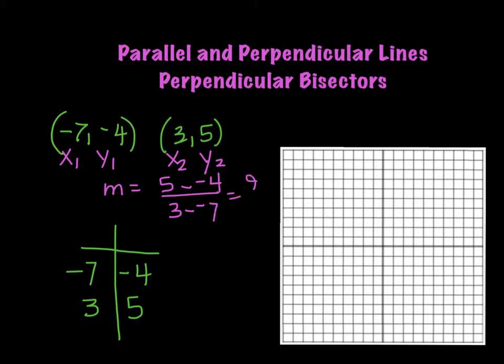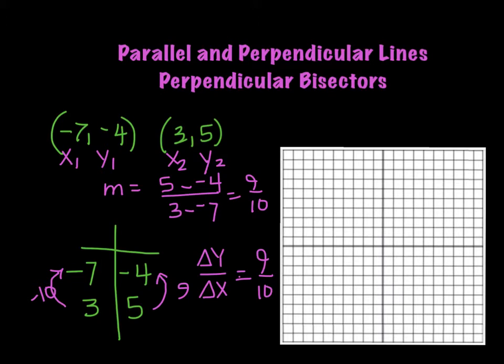So I get 9 over 10. I'm going to show you really quickly how to do it by a table and also how to do it by a graph. So when I'm doing it from a table, I subtract that minus that. 5 minus negative 4 and I get positive 9. 3 minus negative 7 and I get negative 10. And it's always the change in y over the change in x, which would be 9 over 10.